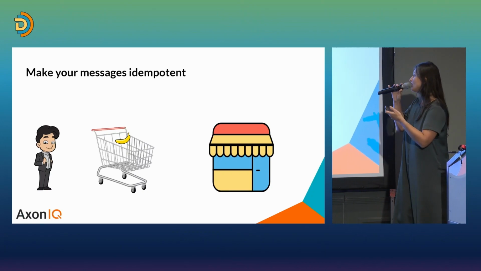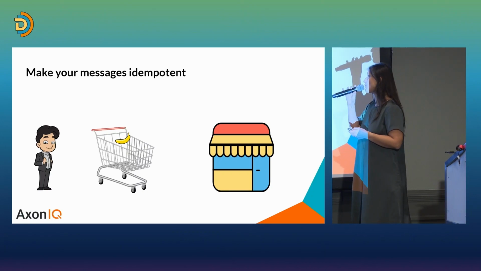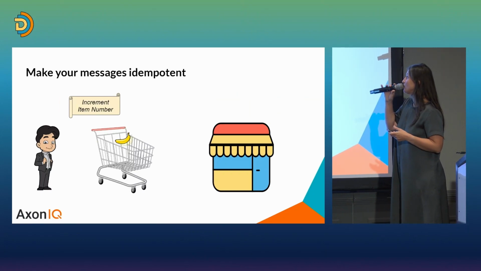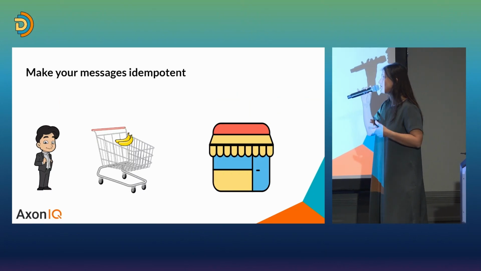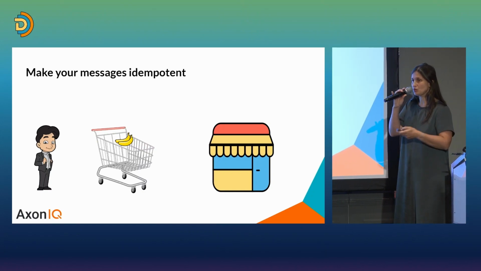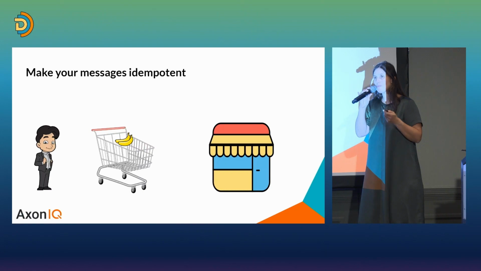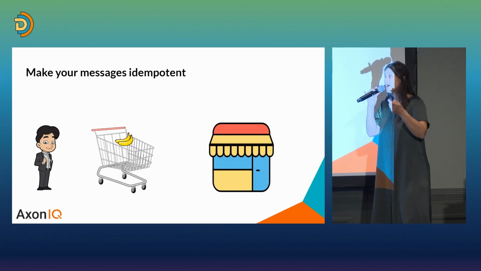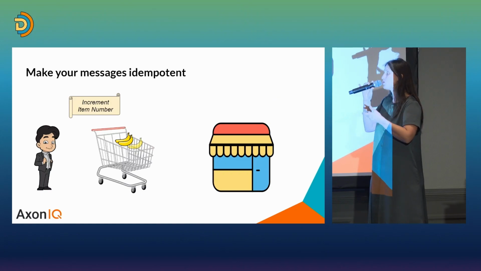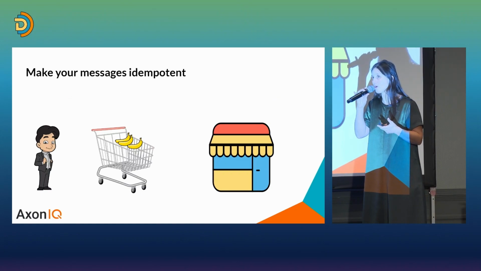So they increase the number of bananas in the cart. If we use an increment item number command, the first time this command is executed, the number of bananas goes from 1 to 2. But what happens if by mistake this command is delivered twice? In this case, the number of bananas goes from 2 to 3. This is not what we want.